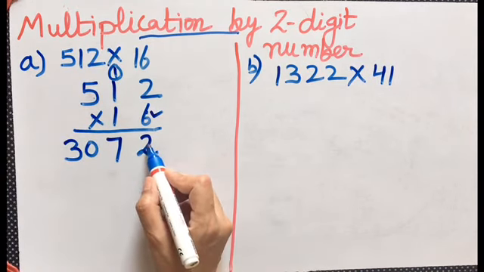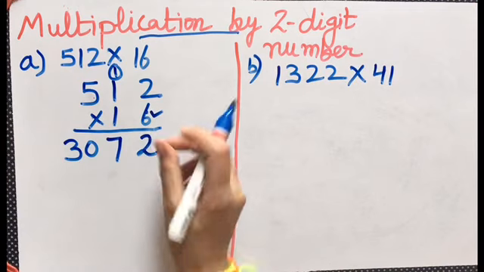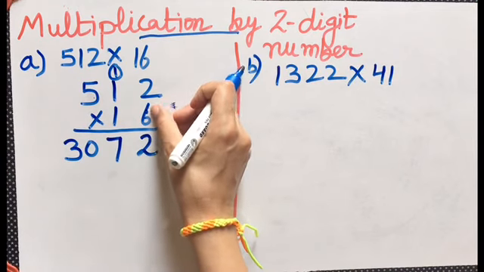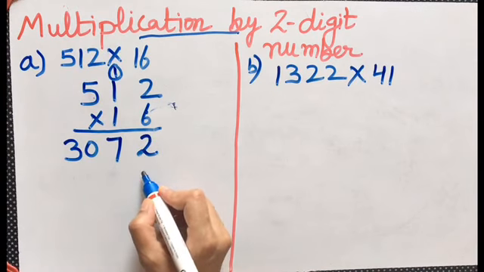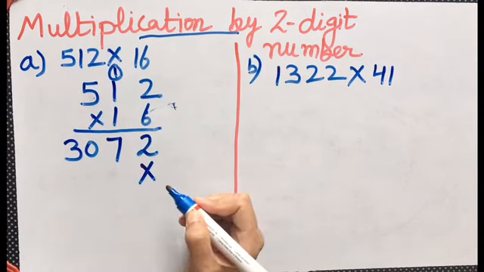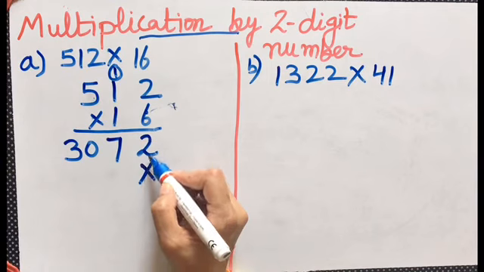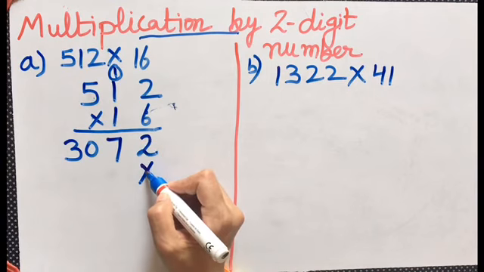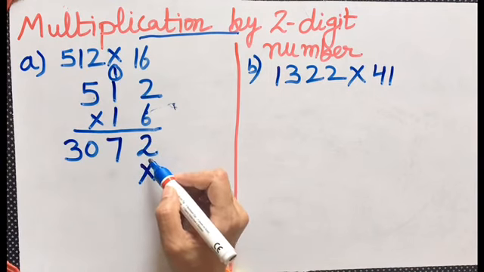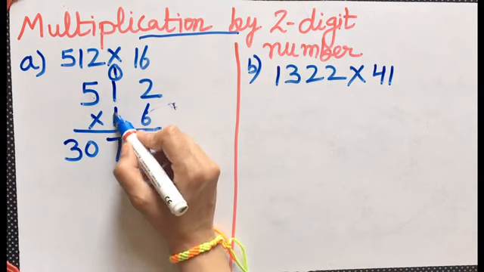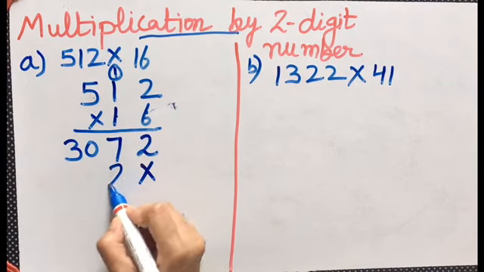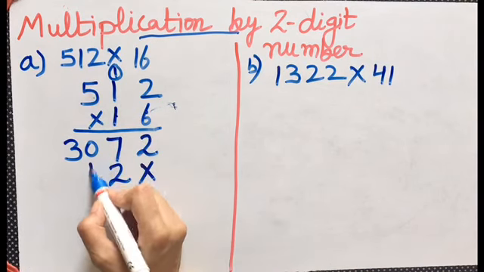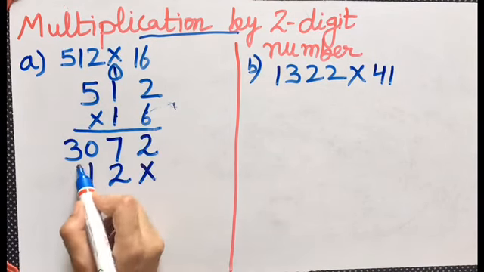Now, this is very important. You see, now this is your product after multiplying it with 6. Fine. Now, what we are going to do, at the ones place, we are going to put a cross. You will have to put a cross at the number below the ones place. Now, we are going to start with the multiplication by 1. So, 1 two is 2, 1 one is 1, 1 five is 5.